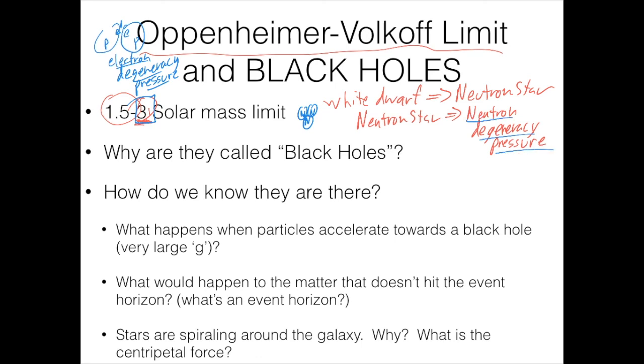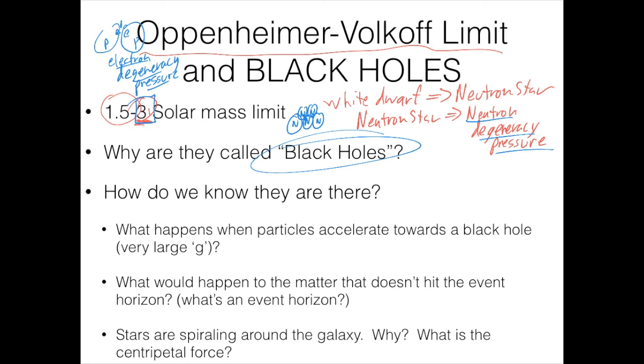The neutron degeneracy pressure is what allows them to hold their place and to stay as neutrons. But if you push hard enough, even the neutron degeneracy pressure is going to be overcome. And at that point, we create a black hole. A black hole is what happens when those neutrons all get sucked in together. They get pushed so hard that even the neutrons themselves cannot withstand the pressure.